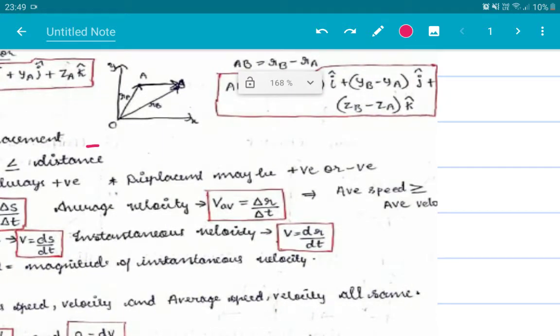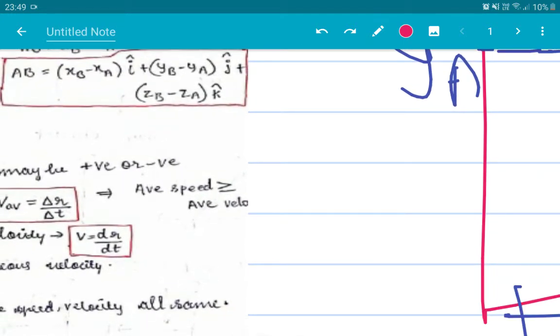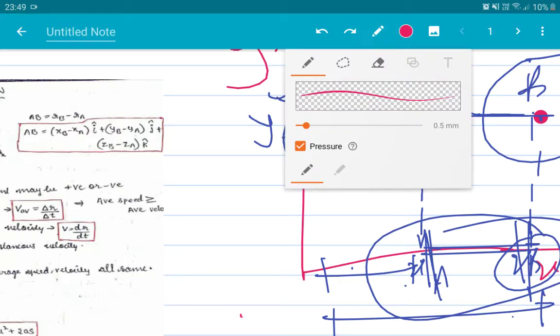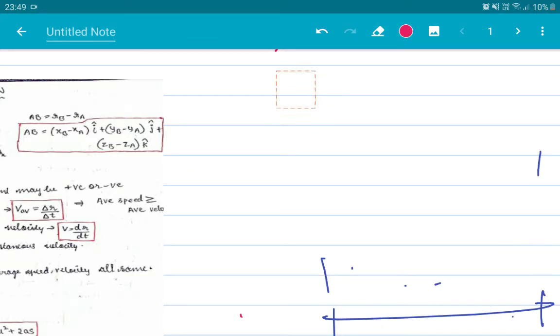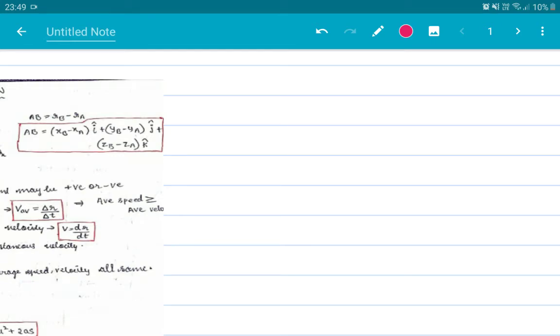Moving further. Here one important point I want to discuss again regarding average speed and average velocity. Average speed is always greater than average velocity. Obviously. Why? I'll let you know. Why is average speed always greater than average velocity?